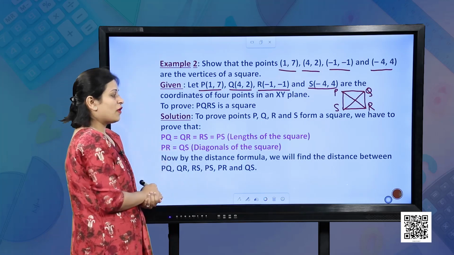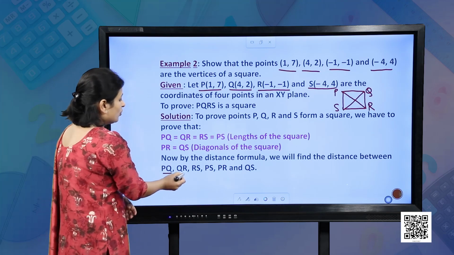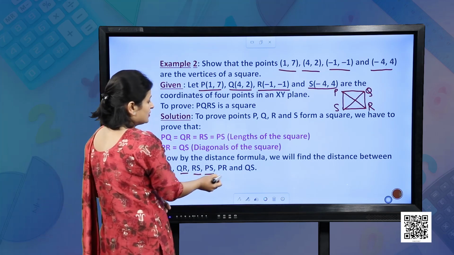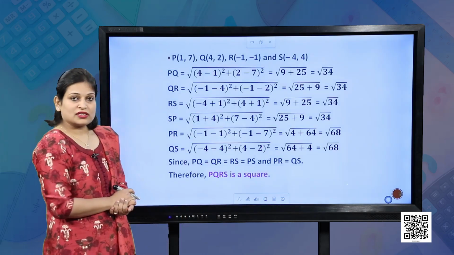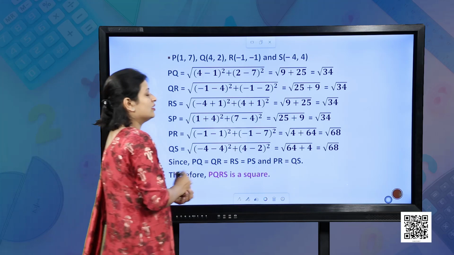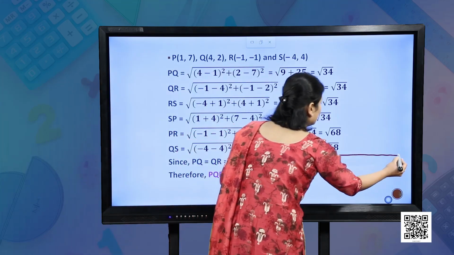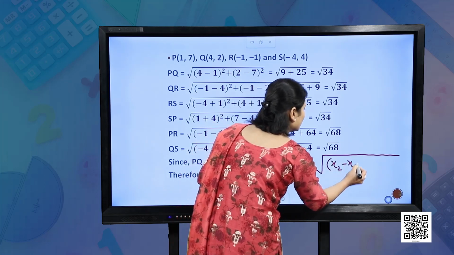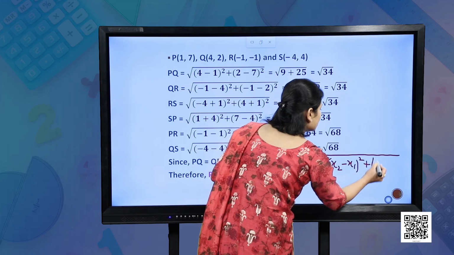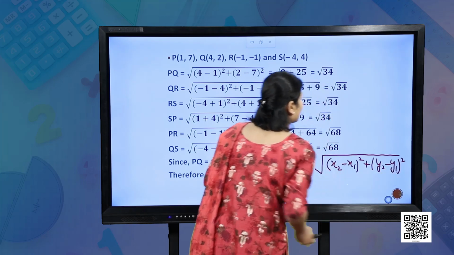Now, by the distance formula, we will find the distance between PQ, QR, RS, PS, PR and QS. Now, what is the distance formula? As you know, the distance formula is square root of x2 minus x1 whole square plus y2 minus y1 whole square.